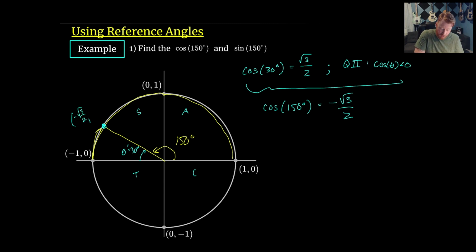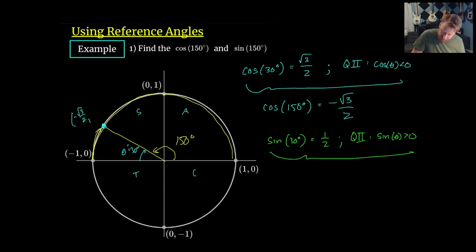And now we need to figure out what the sine value is. We'll do a similar thing here, where we know that the sine of 30 degrees is 1/2. Whether you know that off the top of your head right now or not, it will be something you know soon. And we want to use that in conjunction with the fact that we are in quadrant 2, where the sine value is always positive.